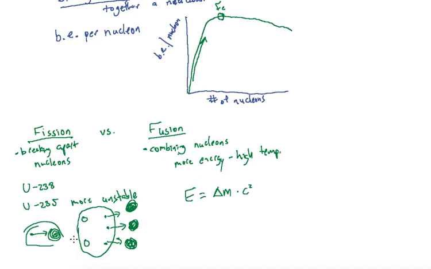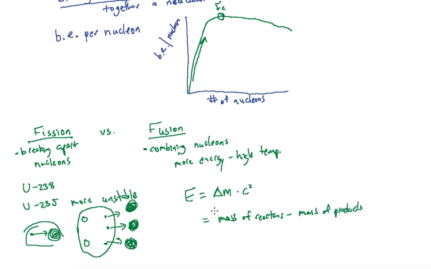It would essentially be the mass of the reactants minus the mass of the products, of what's produced.